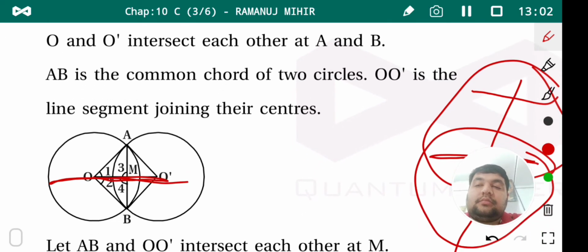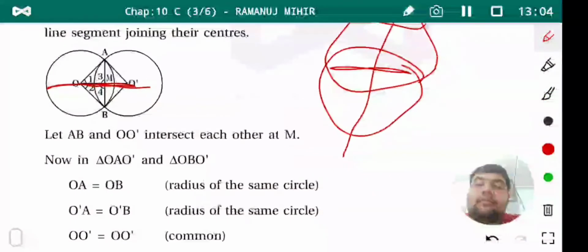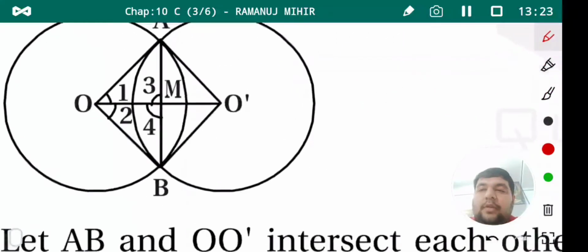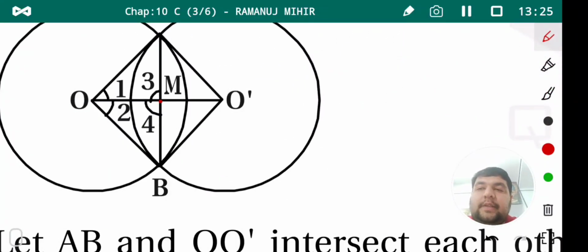Now let AB and OO dash intersect each other at M. The perpendicular bisector and the chord will intersect at point M. You can clearly see in the figure, this is the point of intersection, which is colored red.